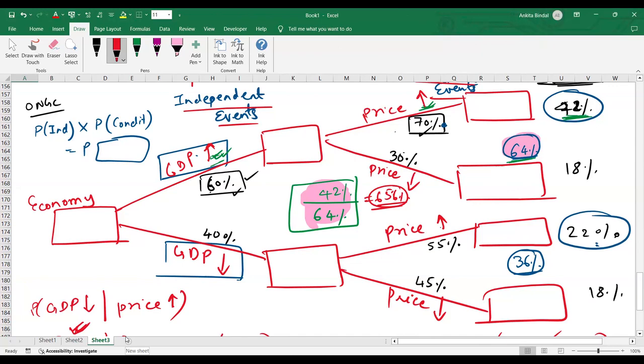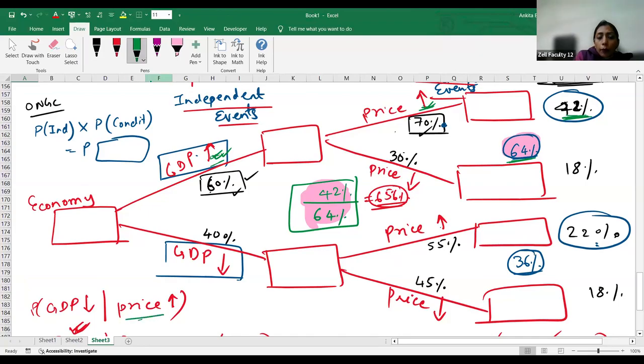You are asking about the GDP decrease, so I took 22%. First of all, what is the probability that price will increase? The probability is how much? 64%. So I'll write 64 here.